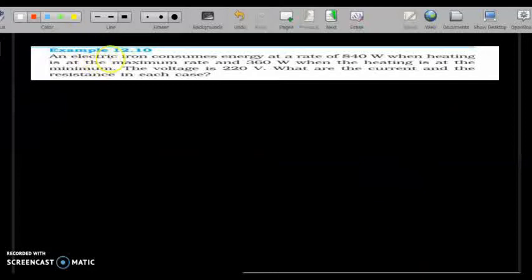So children, let us work example 12.10 from your book. There is an electric iron which, at the highest setting, has a power of 840 watt, and at the minimum setting, it is 360 watt.